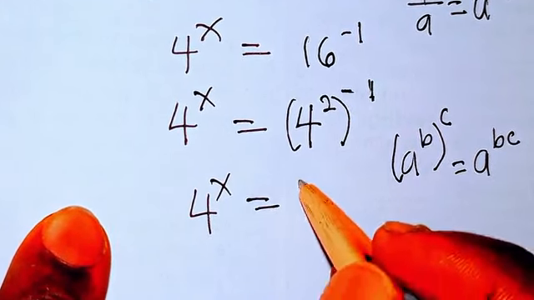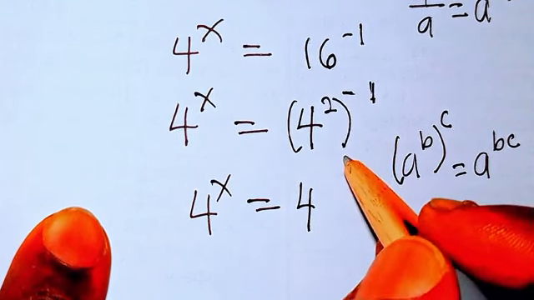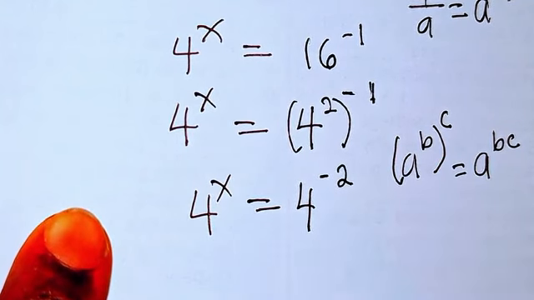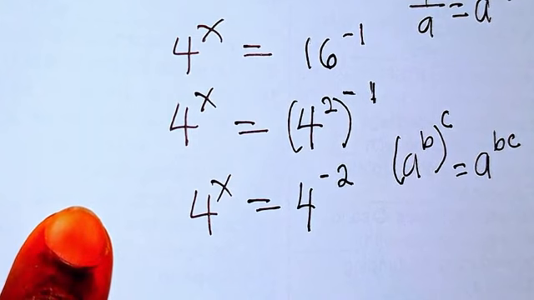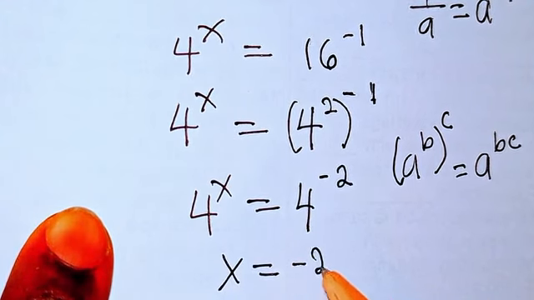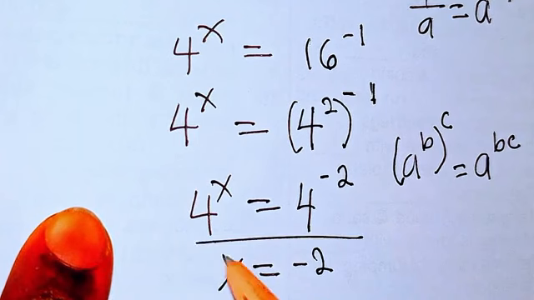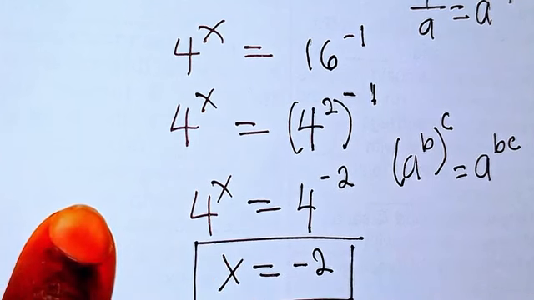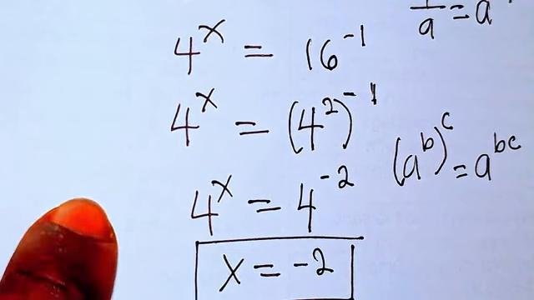So we're going to have 4 to the power of 2 times minus 1, that is minus 2. So since we have the same base, we equate the exponents and have x equals minus 2. Therefore x equals minus 2 is the final answer.